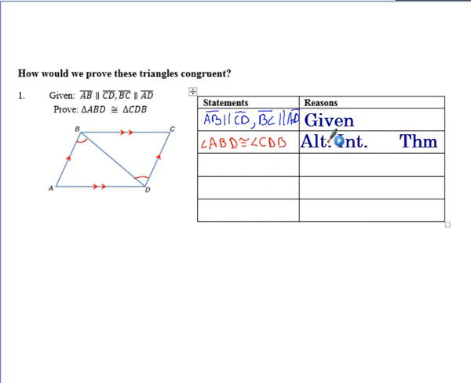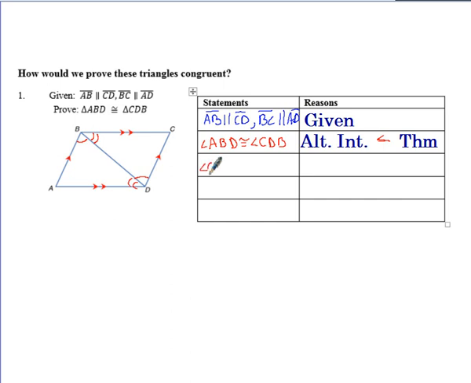Why is that? Because of the alternate interior angle theorem. Similarly, we can also say that this angle is congruent to this angle.